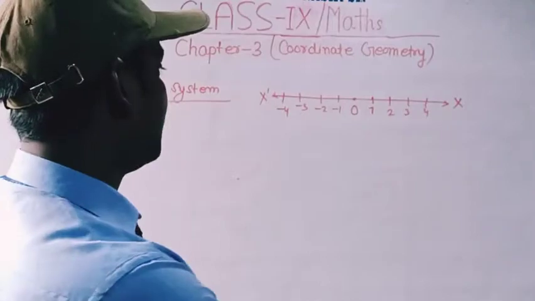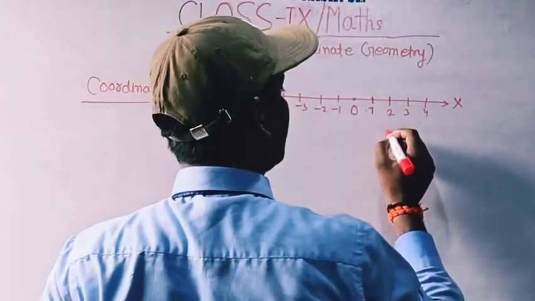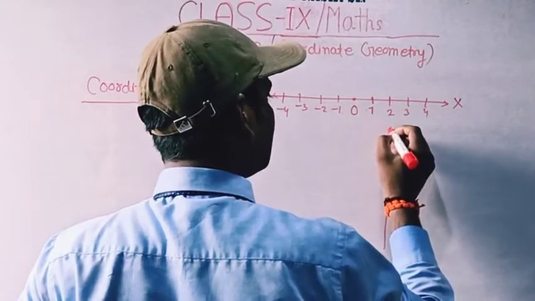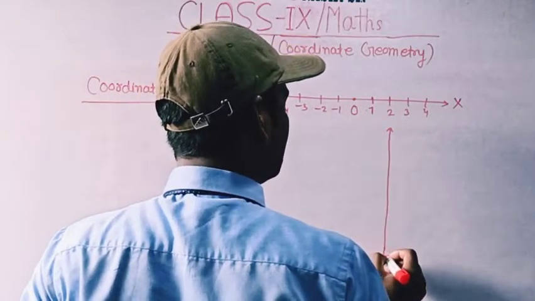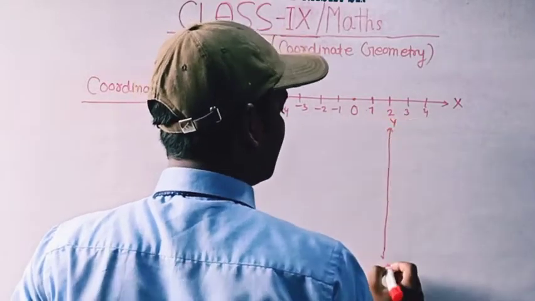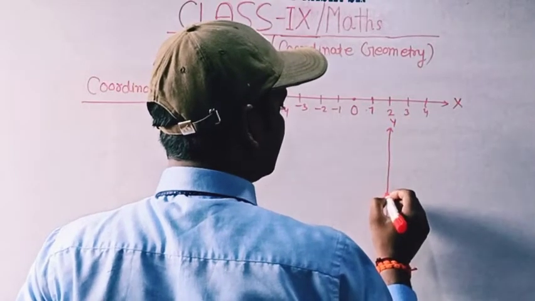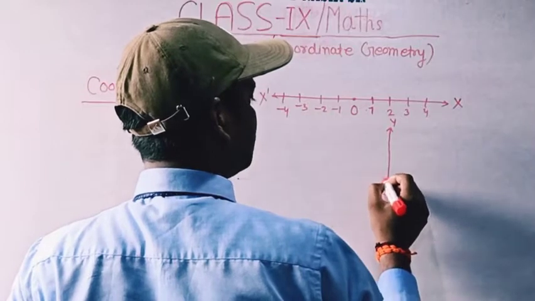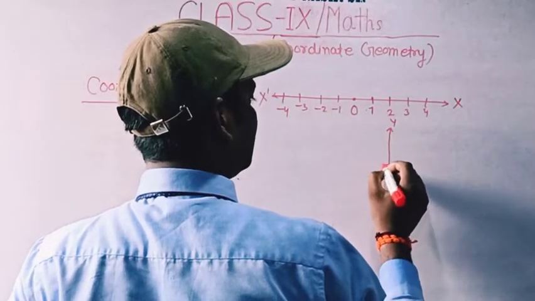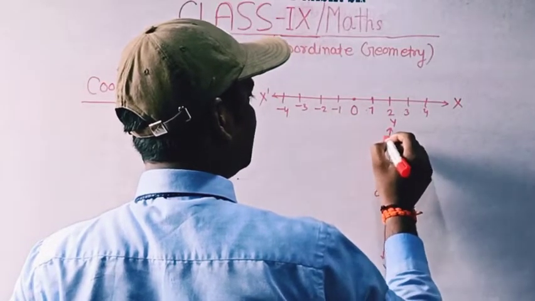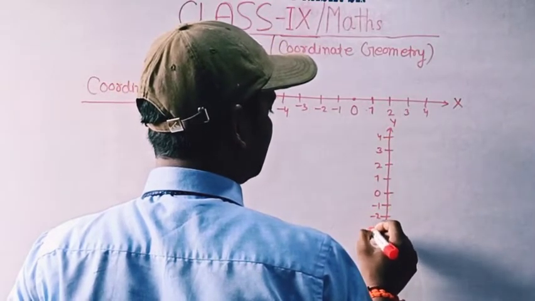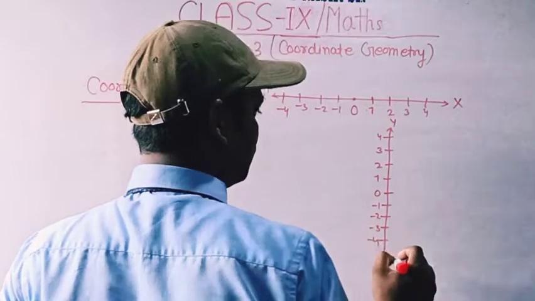The horizontal line x divides the plane into two equal parts. Also take another line which is vertical, whose name is y dash, and also mark points at equal intervals. This is 0, 1, 2, 3, 4, and this is -1, -2, -3, -4.